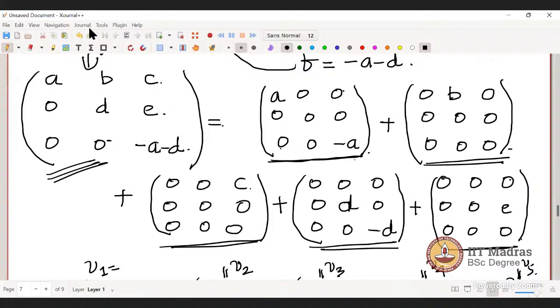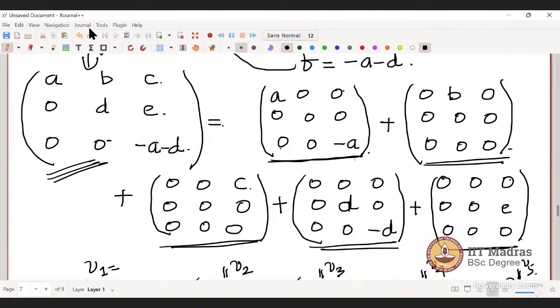This is more or less an easy way, because when splitting all the variables, as you can see, a lot of entries of all these matrices are 0, so it will be easier for you to check the span as well as linear dependence and independence.